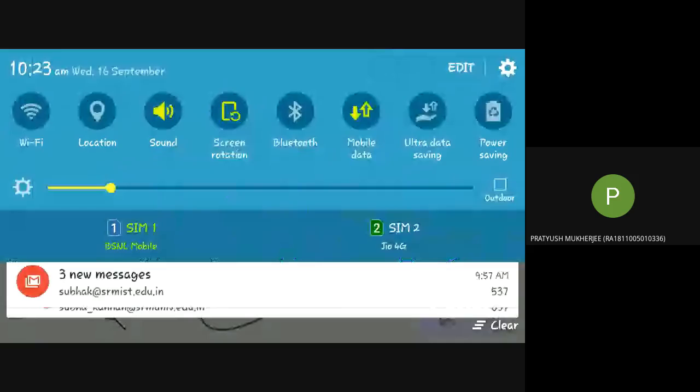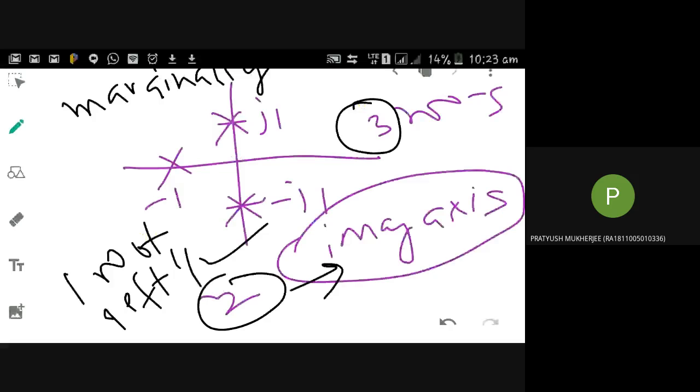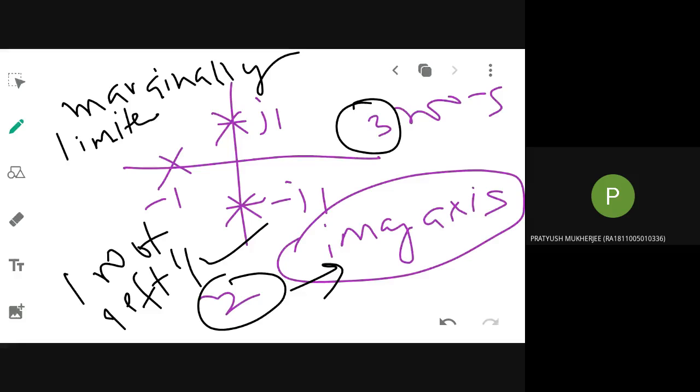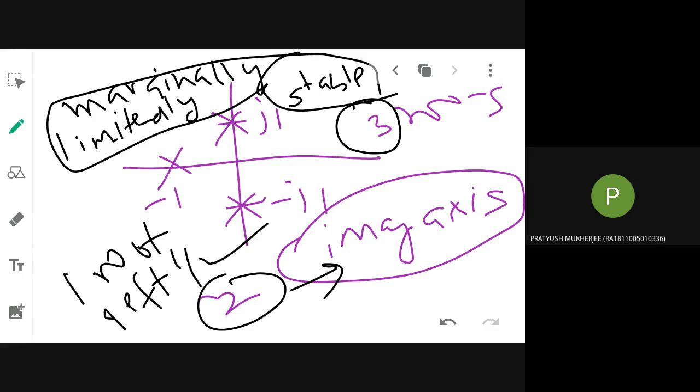You cannot tell that the system is totally stable because there are roots on the imaginary axis. So you will tell the system to be marginally or limitedly stable. This is also one thing that you should keep in mind. So what is the inference that you will write? The system is not totally stable because we are having roots on the imaginary axis, because there is an even polynomial also.